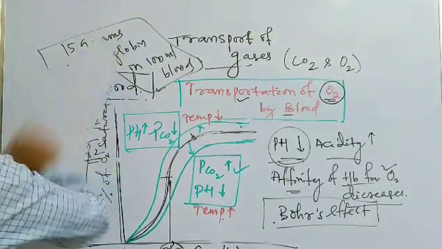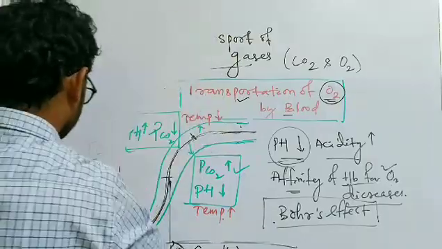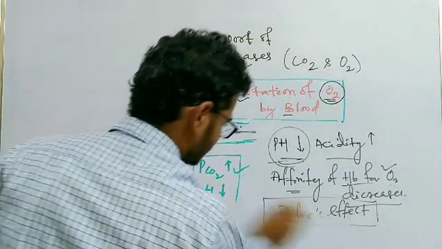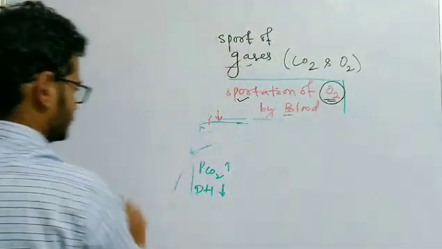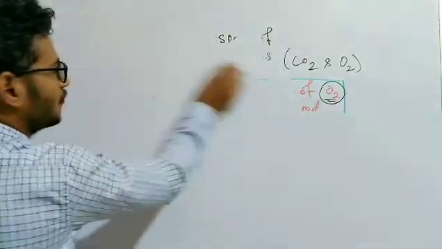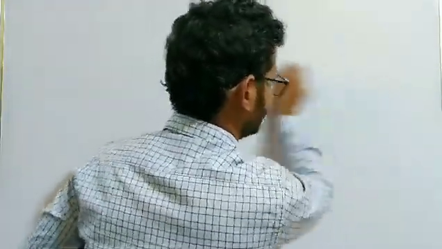So we have discussed about the transportation of the oxygen, that is it occurs less than 2%, approximately 2% of the transportation of oxygen occurs with the help of plasma, whereas the rest 98% of the transportation of oxygen takes place with the help of the respiratory pigment which is present in the RBC, that is the hemoglobin.